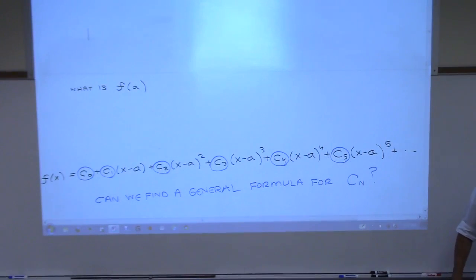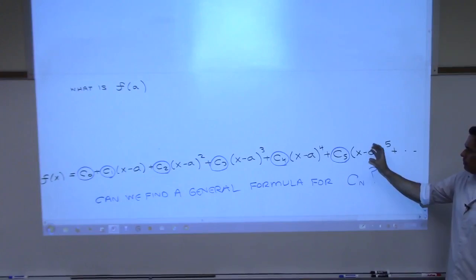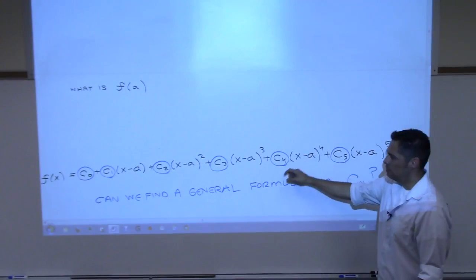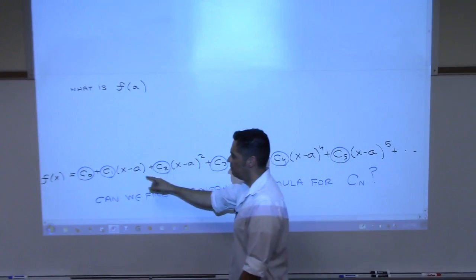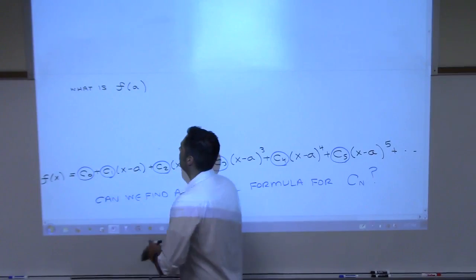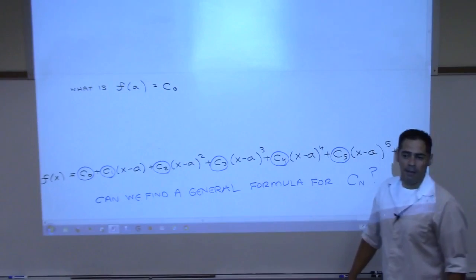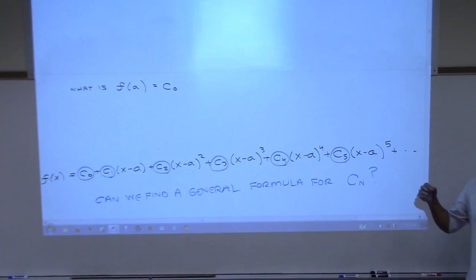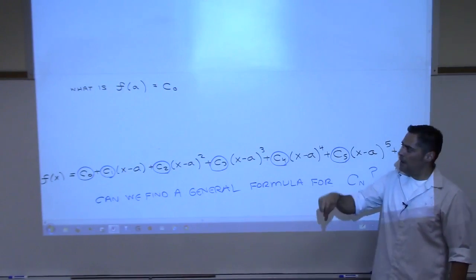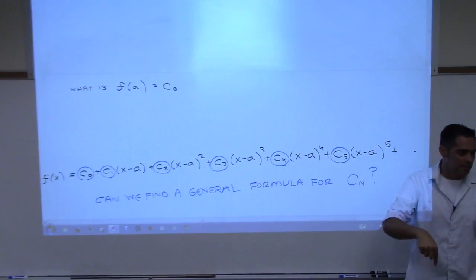What's f of a? Plug in a for x and tell me what happens. 0, 0, 0, 0, 0, c sub 0. That's what, well, I should say it this way: c sub 0 is the function evaluated at a.